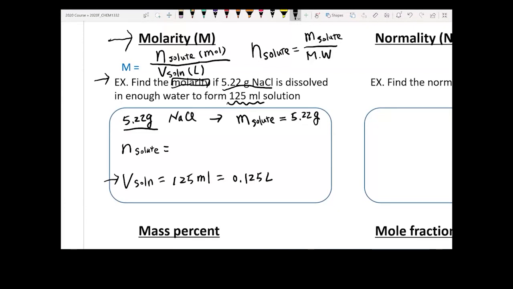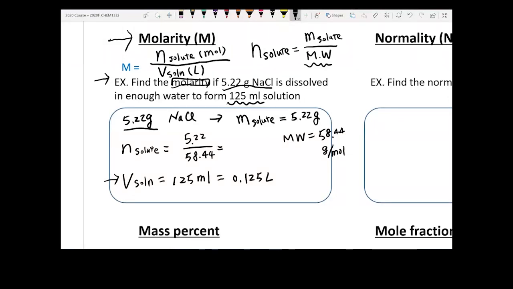125 ml, or 0.125 liters. To calculate the number of moles of your solute, you need the molecular weight. The molecular weight of sodium chloride equals 58.44, with the unit gram per mole. So what you do is 5.22 divided by 58.44.